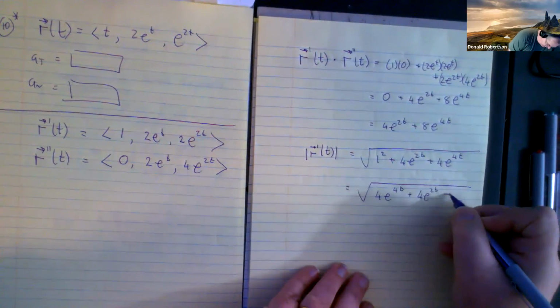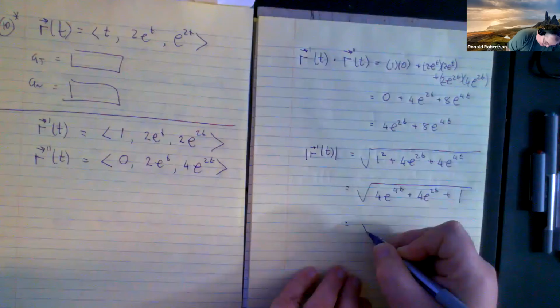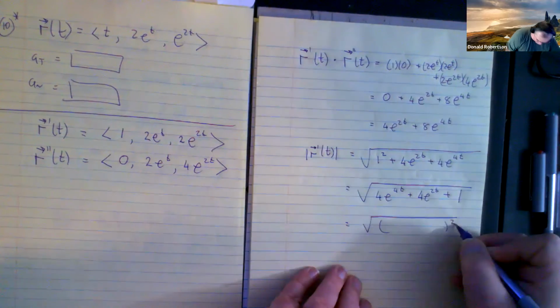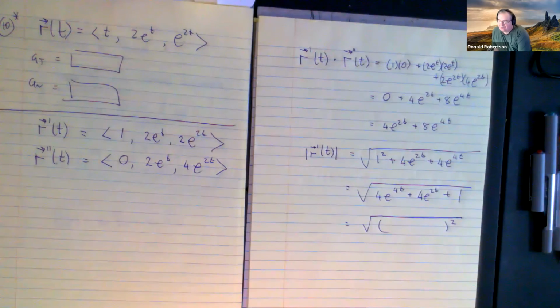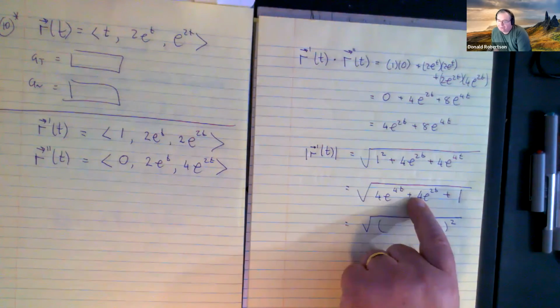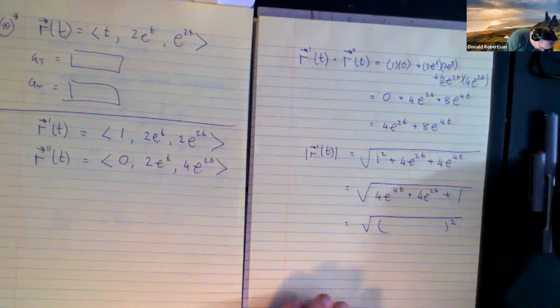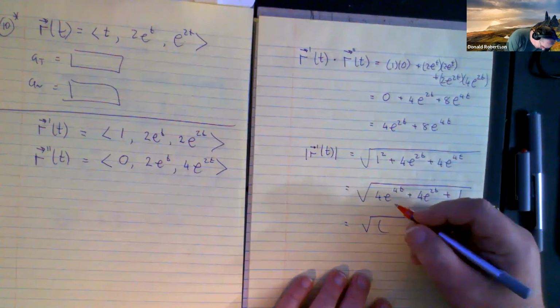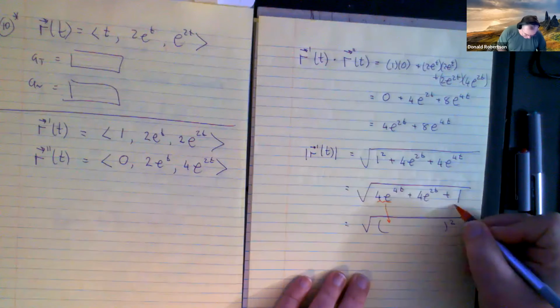And if ever I see 3 things inside a square root, aren't I going to hope that it's a perfect square? It's a good idea to write them biggest power, less power, least power. And if you write them in order, this one is going to tell me what goes here, and this one is going to tell me what goes here.